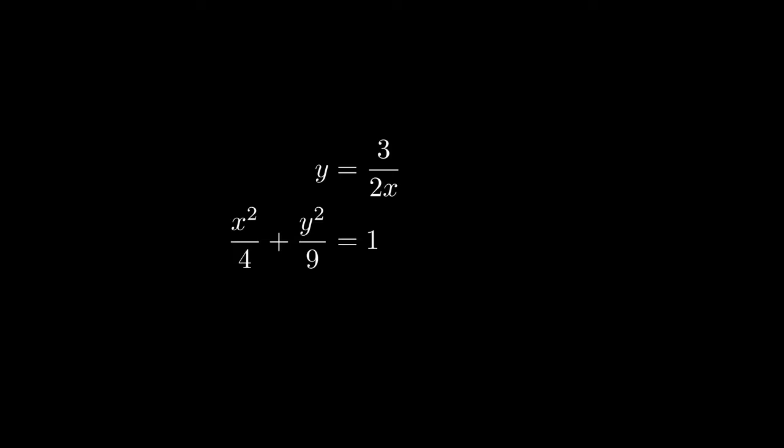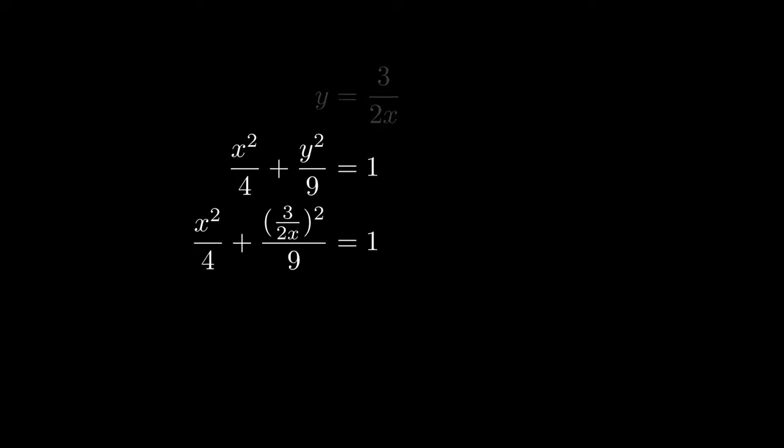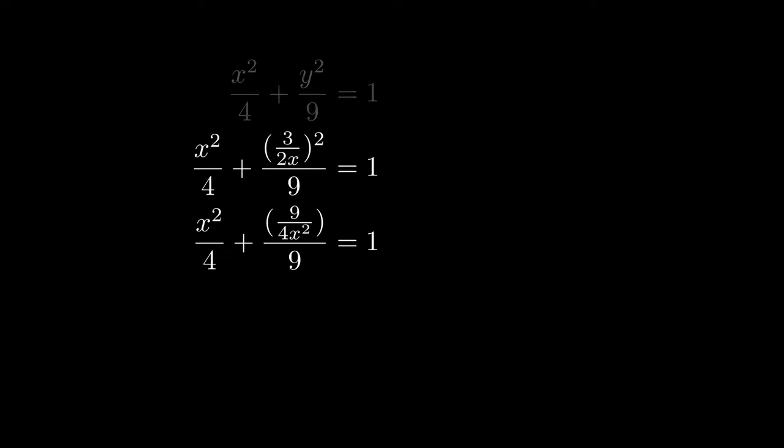Okay, so we know what y is, and we're going to just stick that in for y squared. And we're just going to simplify that numerator there. So we get 9. Yeah, we just squared everything, right? 9 over 4x squared. Now the next move, you notice we got two fractions on the left side.